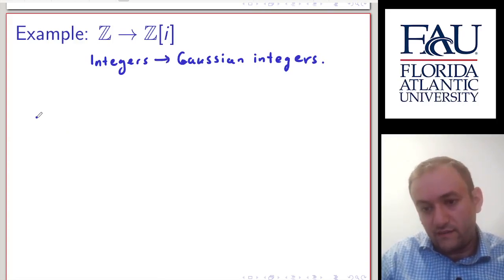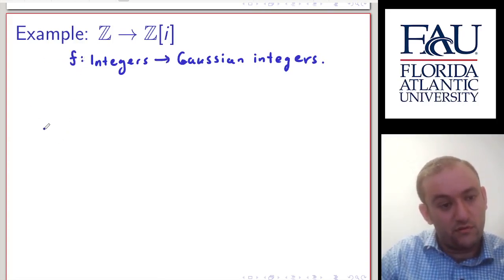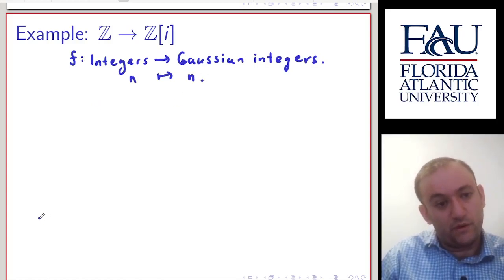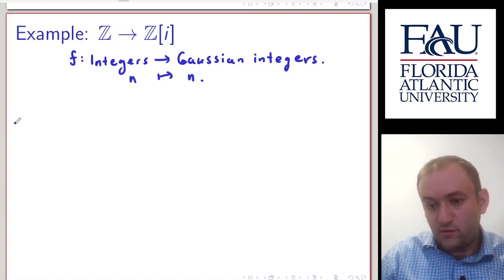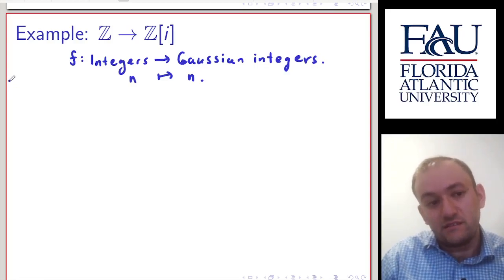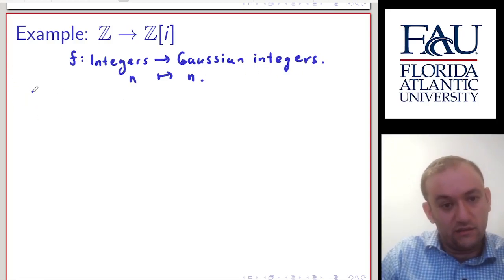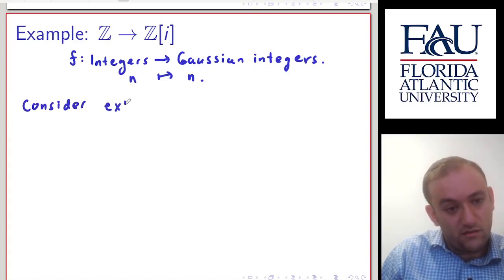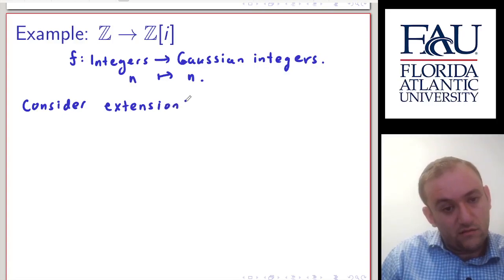And we're taking the obvious injective map, n maps to n. So let's consider what happens when we extend ideals moving along this map, and in particular the prime ideals. So consider extensions of prime ideals.